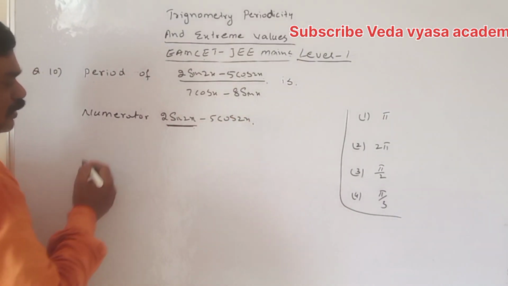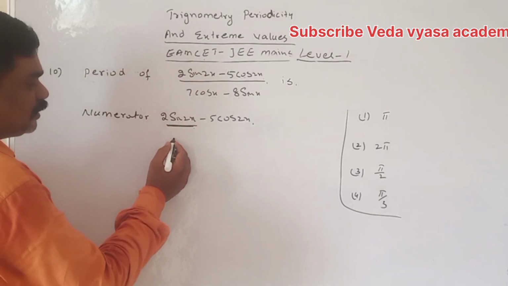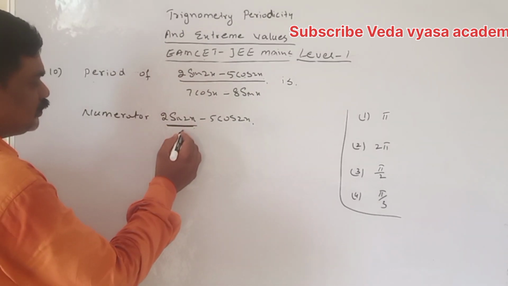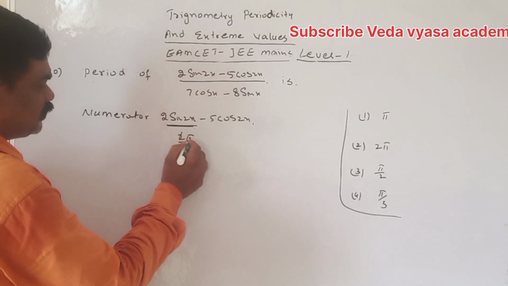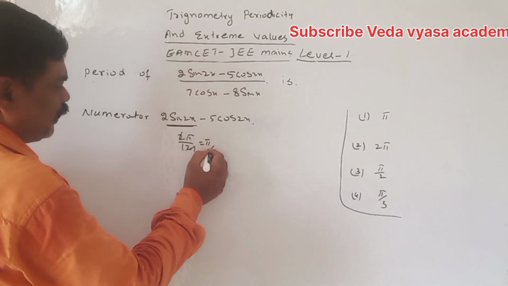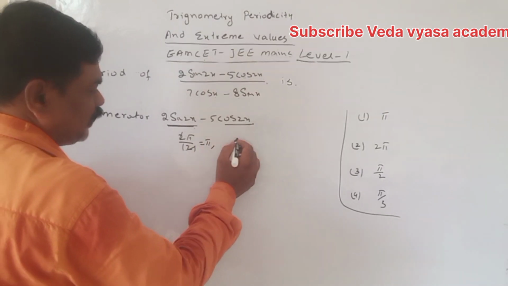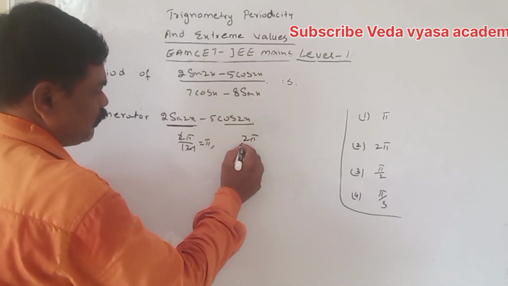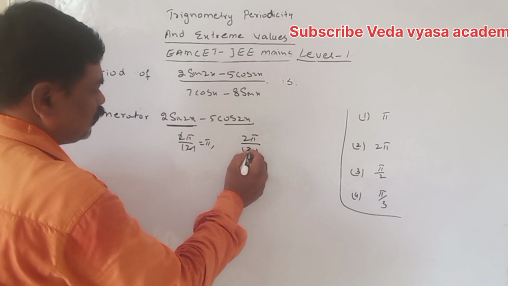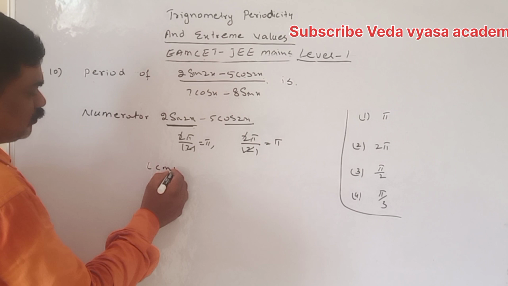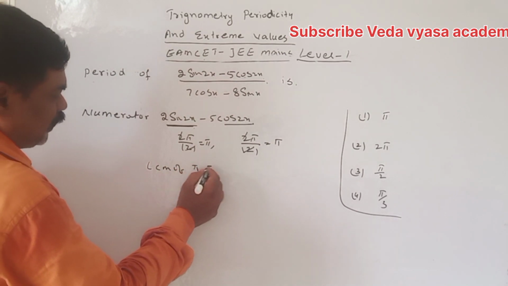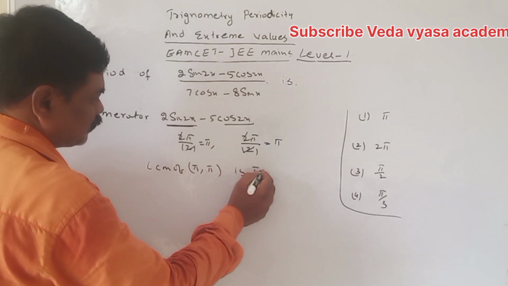The sine 2x period is 2 pi by mod 2, which is pi. Cos 2x period is 2 pi by mod 2, which is pi. So the LCM of pi comma pi is pi.